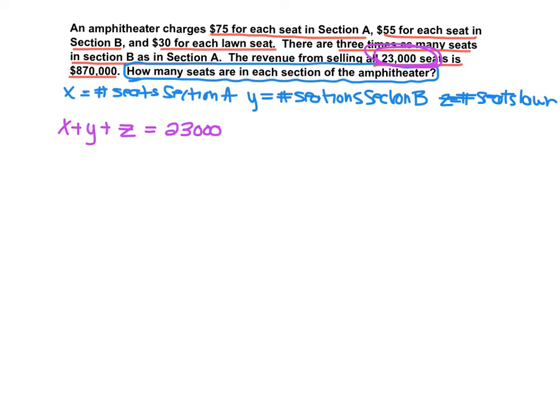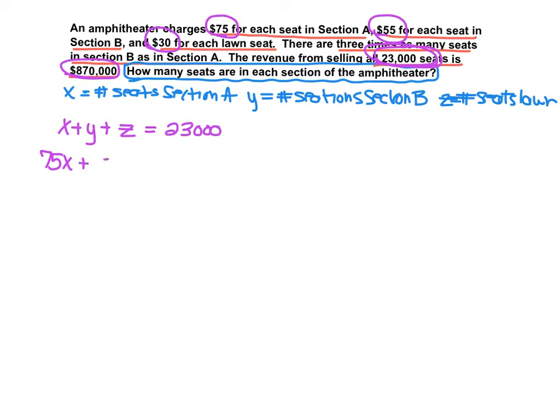The second thing I can write an equation for is this revenue here. We can see that we made a total of $870,000, and it is calculated by using the $75 per seat in section A, $55 for section B, and $30 for the lawn seat. So if we take 75 times X, we'll find how much money we made in section A, because we have $75 per seat, and then we have X number of seats.